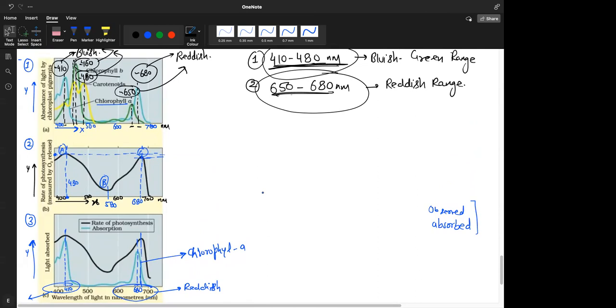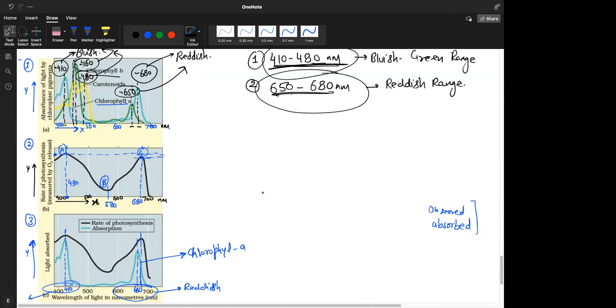The kind of questions that I have seen on these three graphs is sometimes they just give the middle graph and ask what data can be inferred from this graph. It is just telling you about the rate of photosynthesis. It is not at all telling you about absorption or any other pigment property. The first graph is just telling you about pigment absorption properties.